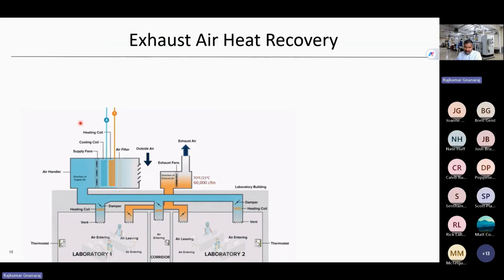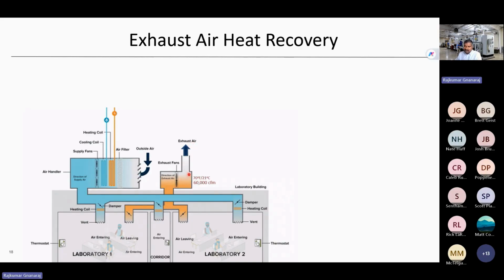In a university campus, like a science building, or a medical center, healthcare center, research labs, R&D centers in a pharmaceutical facility, where they have an air handling unit, they bring in 100% outdoor air and condition it, and that goes to the rooms. There is a centralized exhaust which throws the conditioned air at 65 or 70-degree Fahrenheit outside the building.